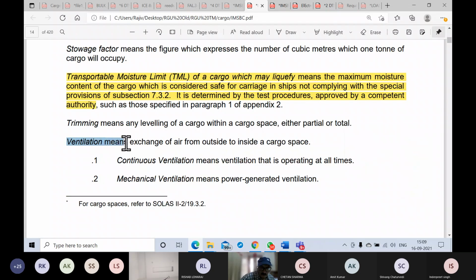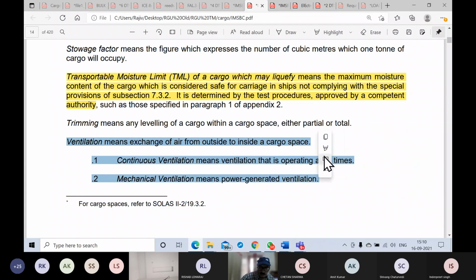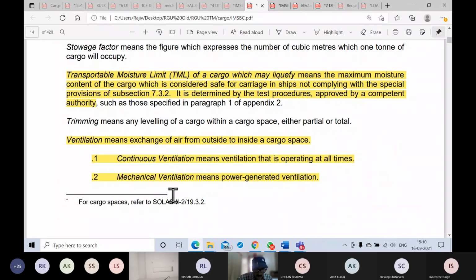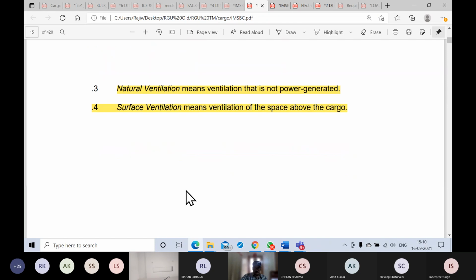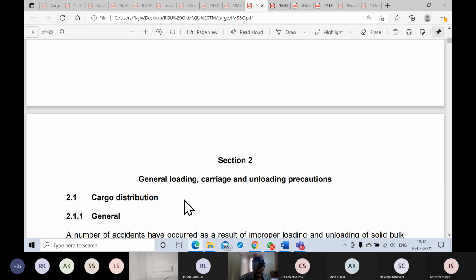However, to put it simply, it means exchange of air from outside to inside of cargo space. Then there could be methods which we are describing: continuous, mechanical, natural, or surface. You get the point, right?